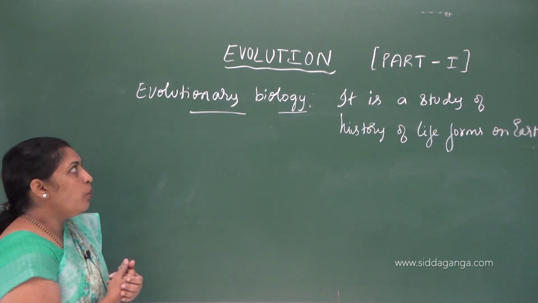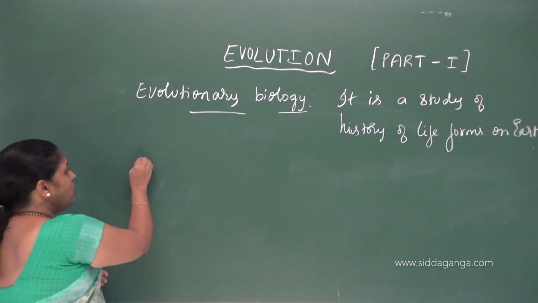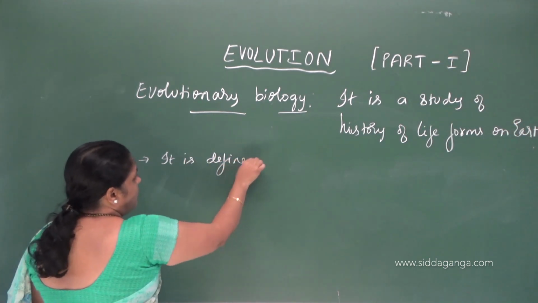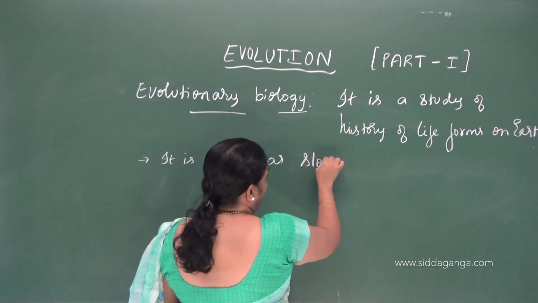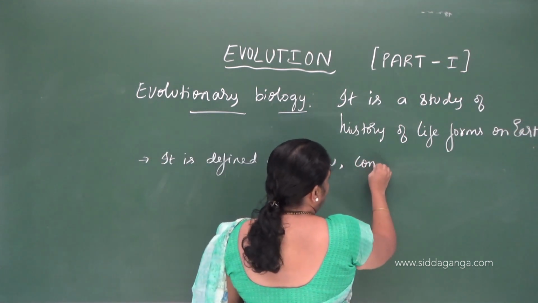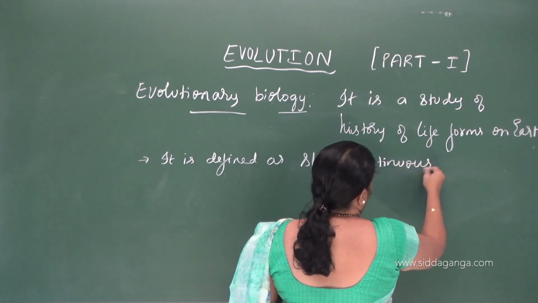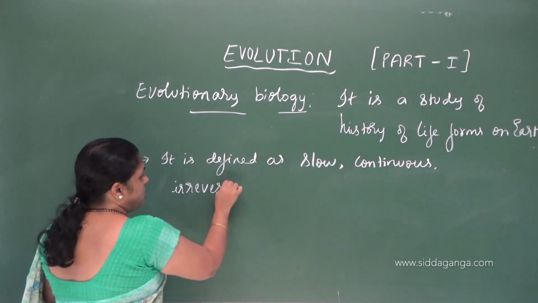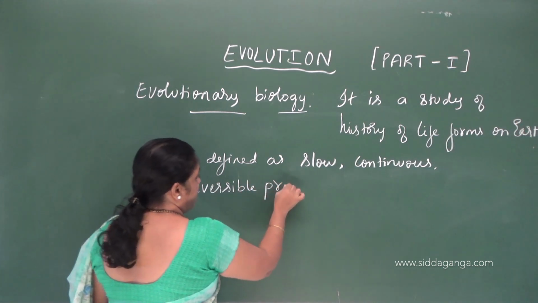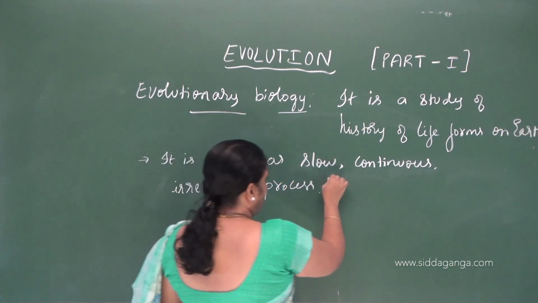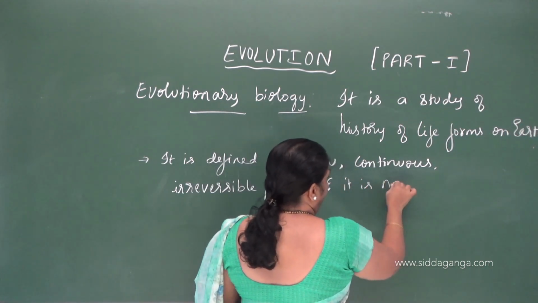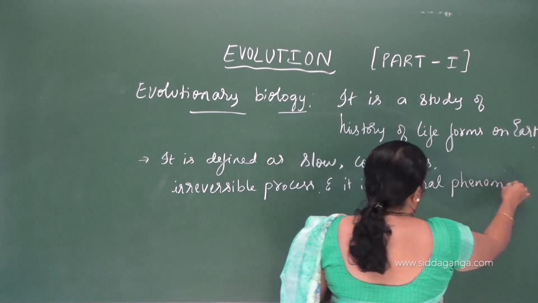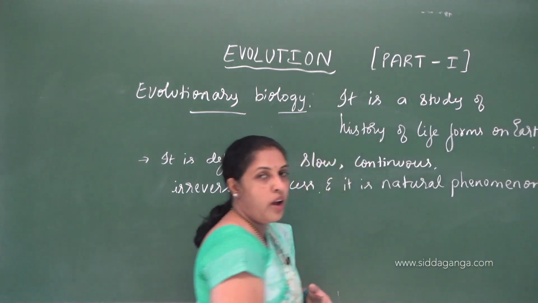So how can we define evolution? Evolution is defined as a slow, continuous, irreversible process, and it is a natural phenomenon which occurs in flora and fauna.